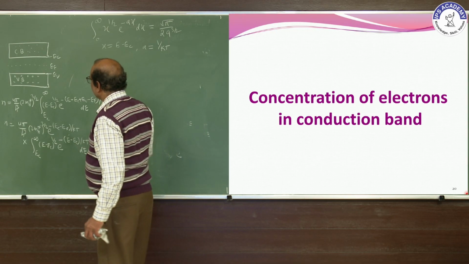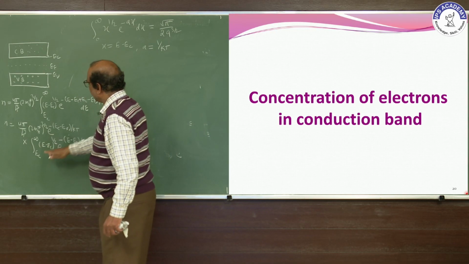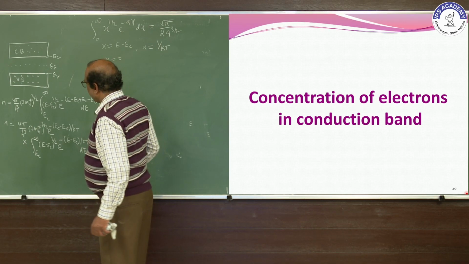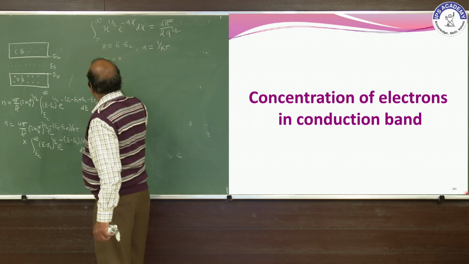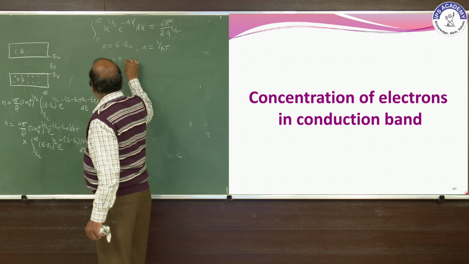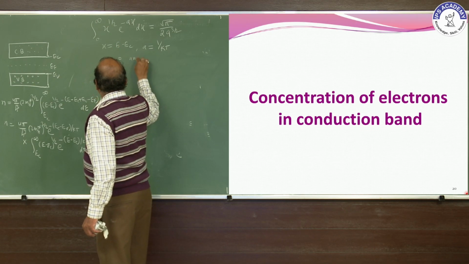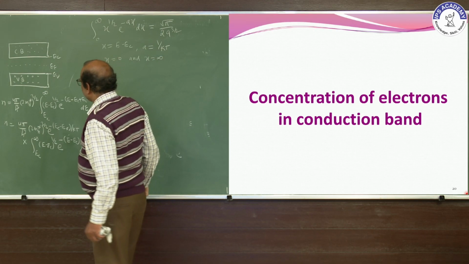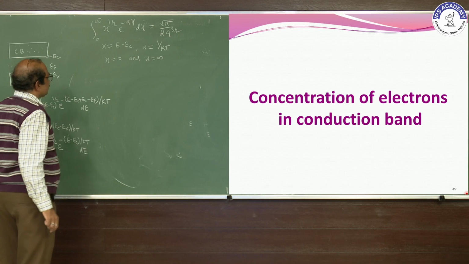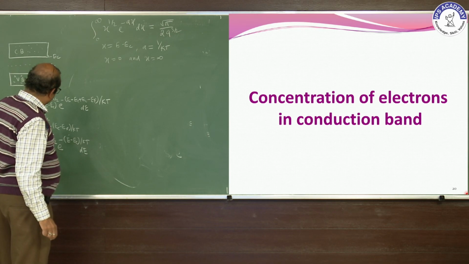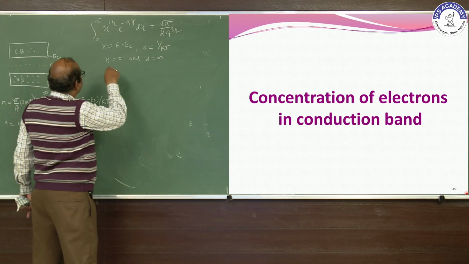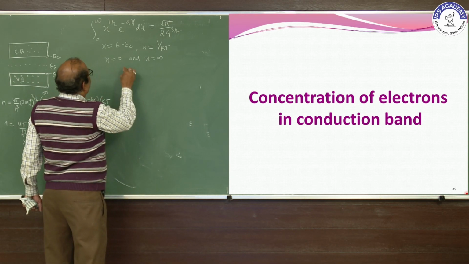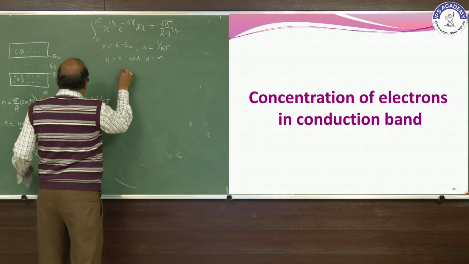We can also change the limits. As E equals Ec, x would be 0, the lower limit, and as E equals infinity, x would be infinity. So the limits change from x equal to 0 to x equal to infinity, and we can write dE equal to dx. So our integral is converted.